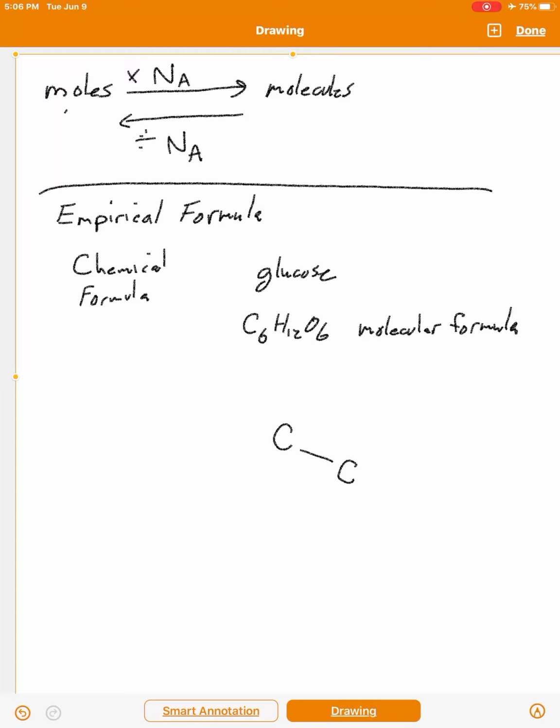We could represent it with a picture or a diagram which shows the bonding that takes place in this glucose molecule.